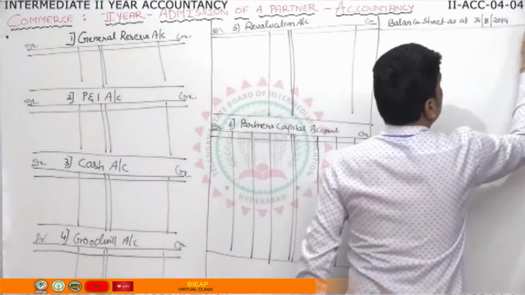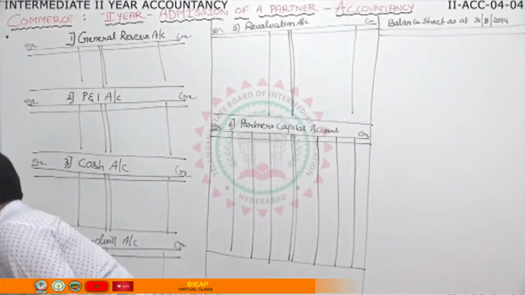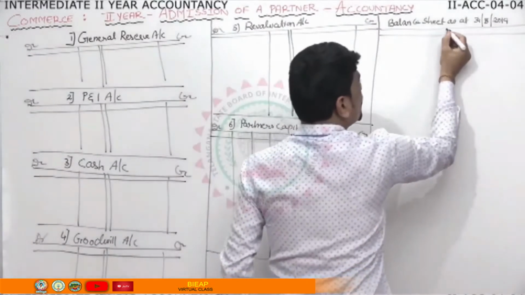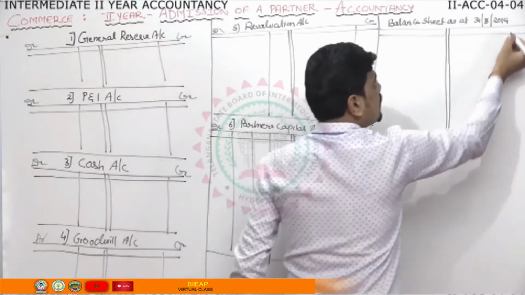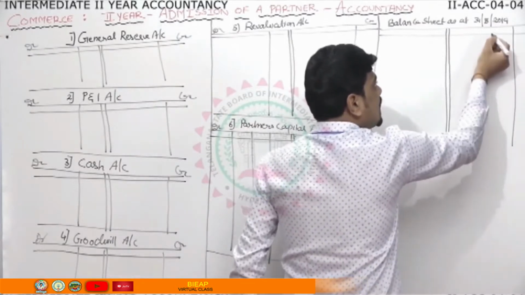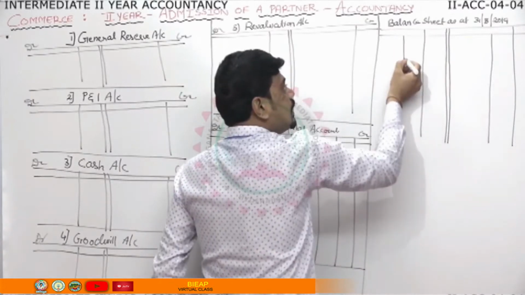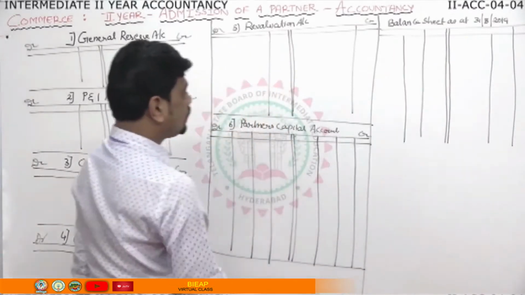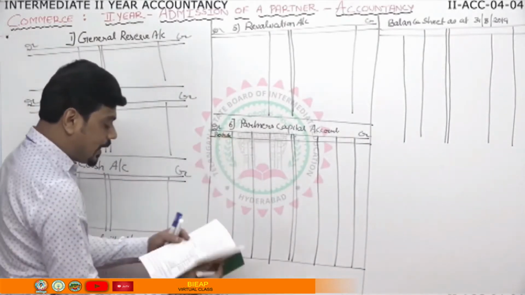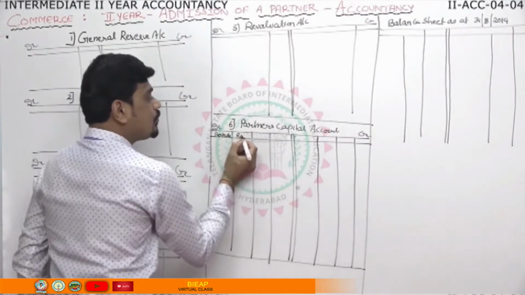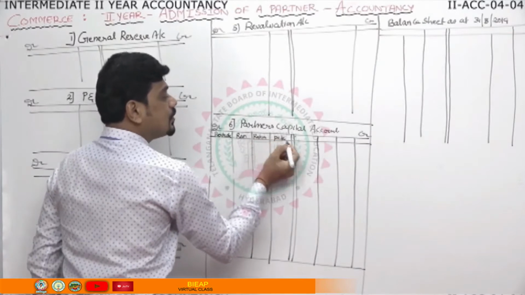And here is our balance sheet. Maybe about 7-8 lines, we'll draw the balance sheet. Here we are maintaining one inner column, because whatever adjustments are there will be in that column. Now, everywhere particulars. Who are the partners? Ram, Rahim, and here we have Peter.